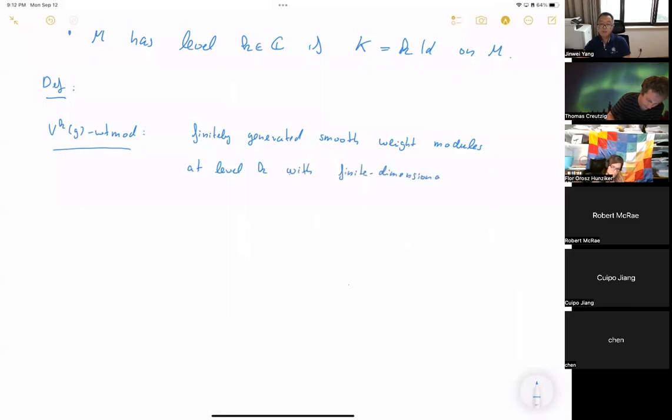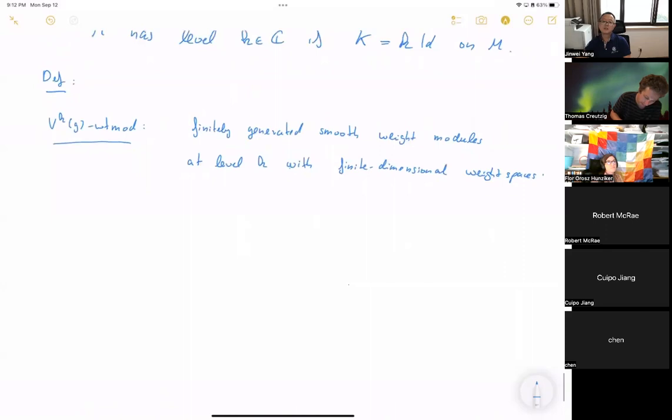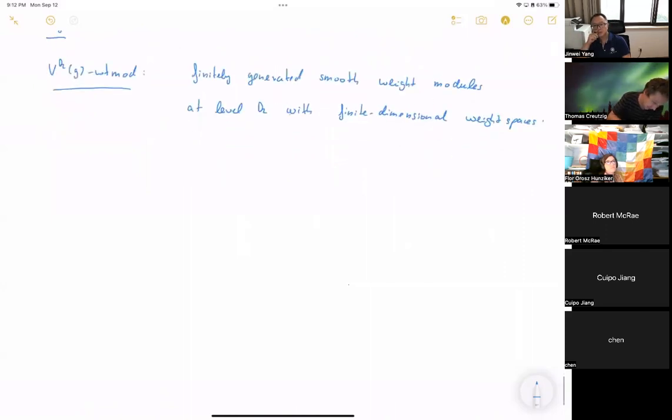Let me be more precise about what I mean by this. I explained what finitely generated is, what smooth means, and what level k means. By finite dimensional weight spaces, we mean every module has a decomposition into weight spaces. Here lambda is a usual weight in the Cartan subalgebra, and this is the conformal weight.